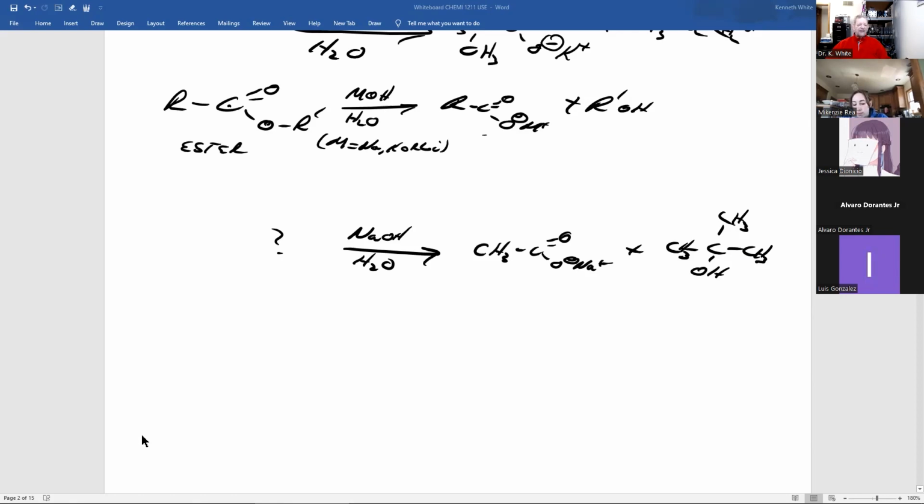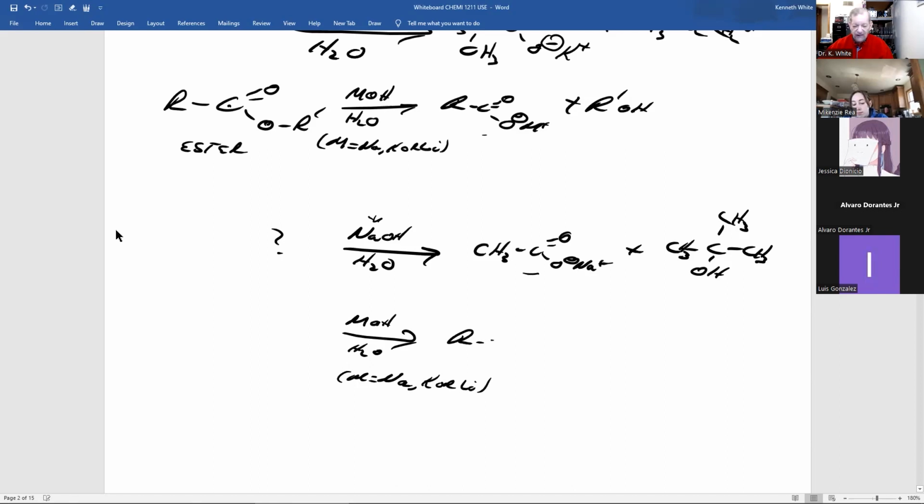All right, I think everybody's done. So what do we react with sodium hydroxide and water, which I can write like this as a base and water, where M can be, in our case, sodium, but it could also have been potassium or lithium. And what do we have here?